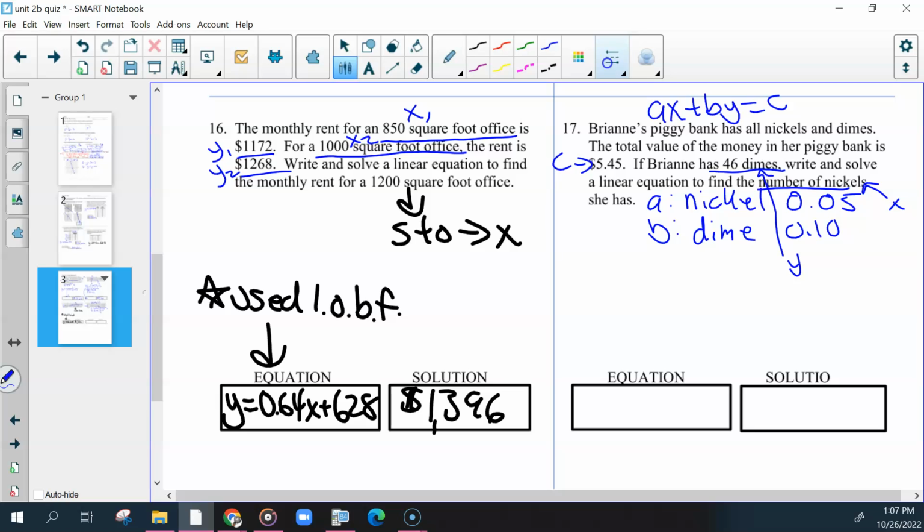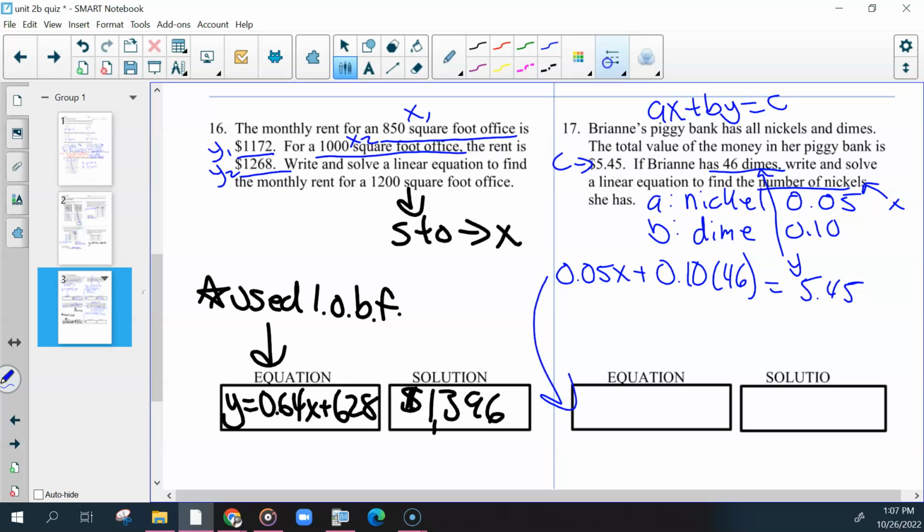And then from there we can write our equation. 0.05 x plus 0.10 times our 46 equals 5.45. So that would be your equation in the box below.